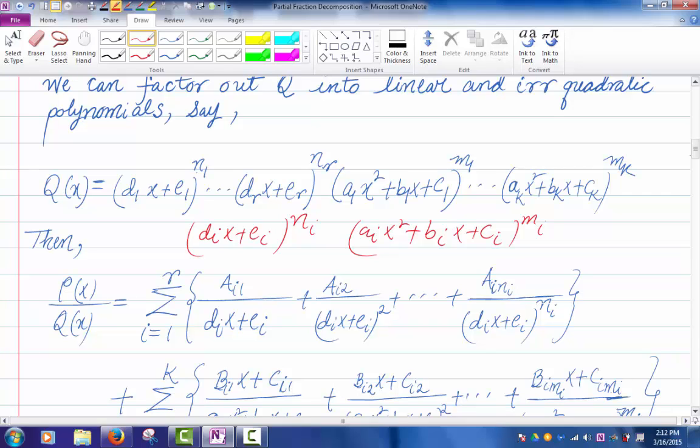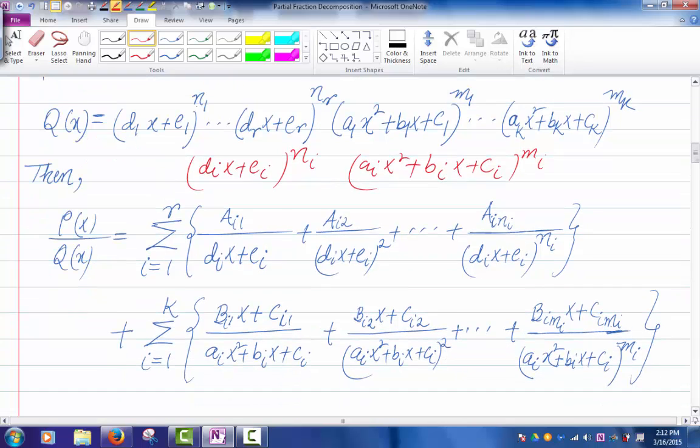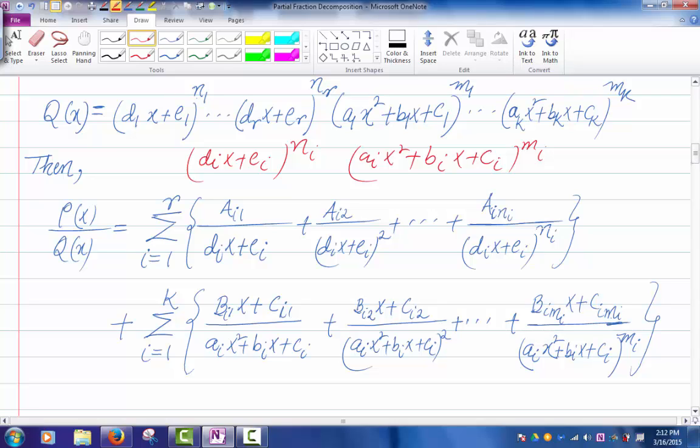Now, once I have the factorization of Q into linear and quadratic factors with certain multiplicities, I want to write down the partial fraction decomposition. So what's the partial fraction decomposition? Each factor of Q, the denominator, will contribute a term in the decomposition.